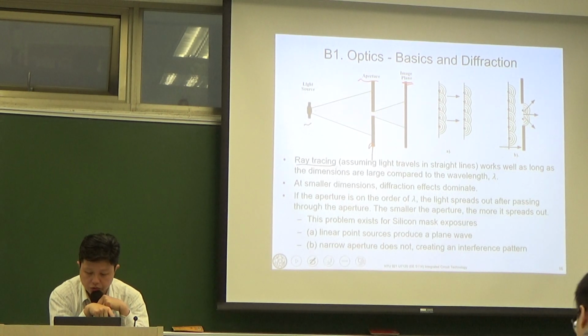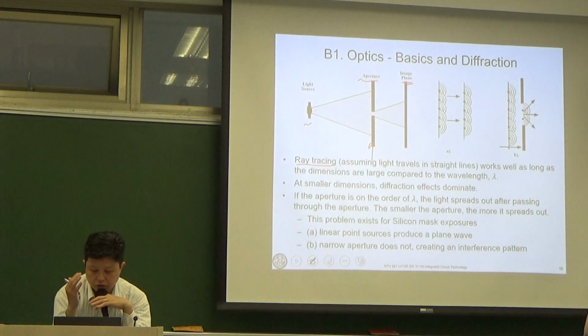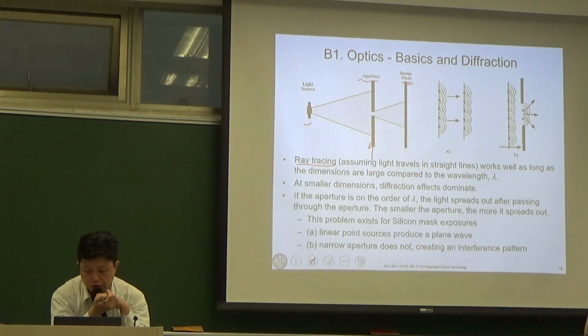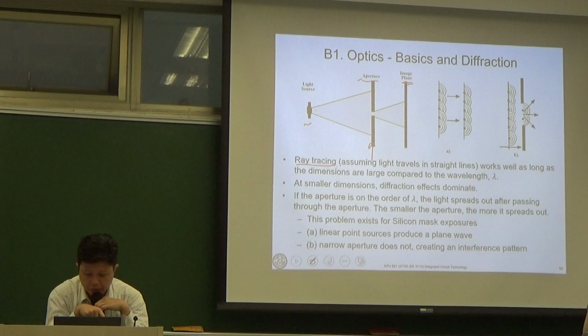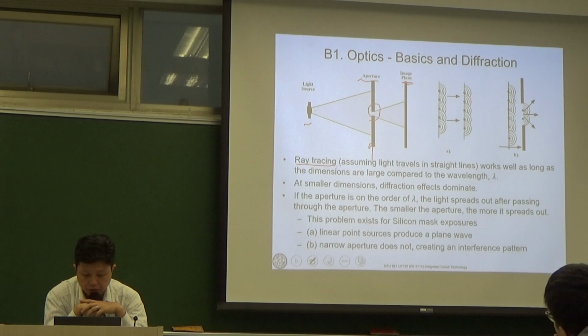That's easier for us to imagine, that we can think the light travels in a straight line. Right, that's what ray tracing teaches. But as long as this dimension is large compared to your wavelength, we can still use ray tracing. But once this aperture or these features become smaller and smaller, we cannot just use ray tracing. We have to introduce some wave propagation in order to explain the result.